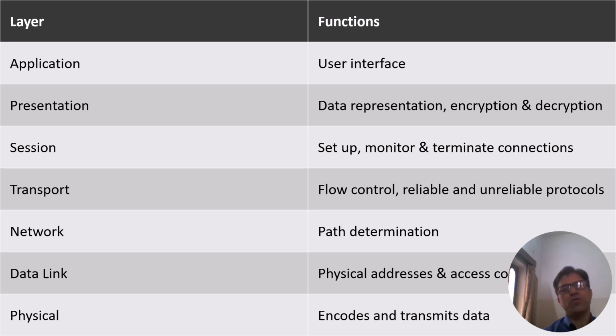Transport: flow control, reliable and unreliable. The network layer is path determination, IP address, routers. Data link layer: physical layer address, MAC address, bridges and switches. Physical layer encodes and transmits data.